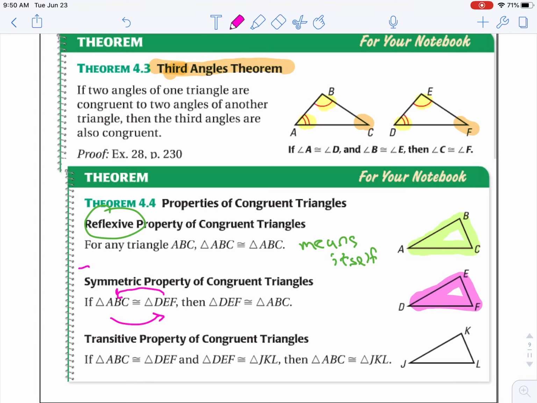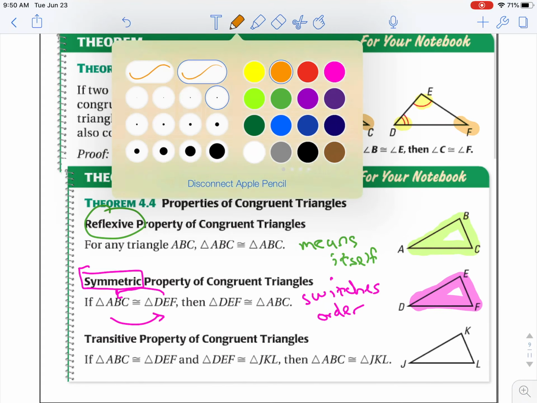So all I did, symmetric property right here, switches the order around the equal or congruent. It switches the order, that's all.